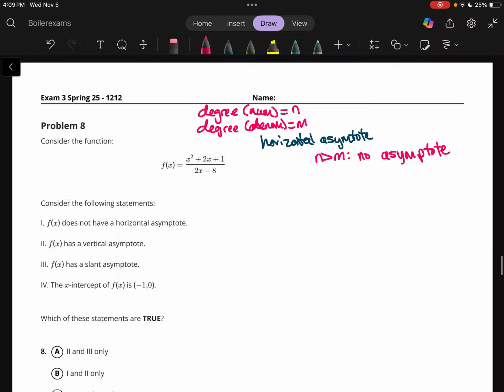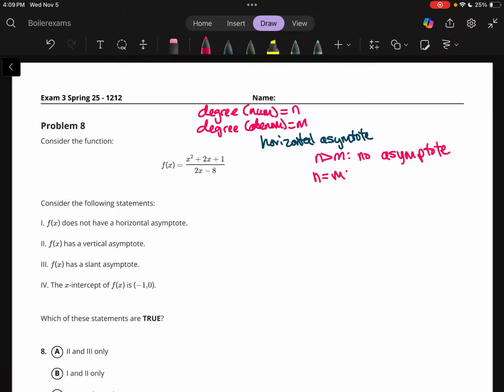And so one way you can understand this is that relative to the denominator, the numerator is going to grow really big. So your function is going to tend to infinity. Imagine if you have x squared as your largest degree term in the numerator and x as your largest degree term in the denominator. x squared over x goes towards infinity.